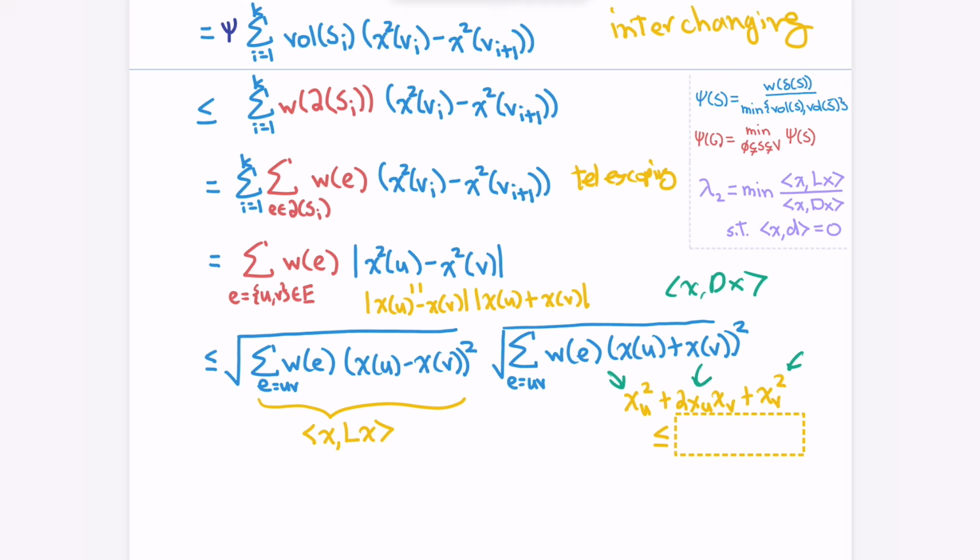Yeah. AM-GM. What does that tell you? It tells you that x_u x_v is less than or equal to ((x_u + x_v)/2) squared or something. Sorry? So I don't think it's because of AM-GM, but actually I want to get to here.